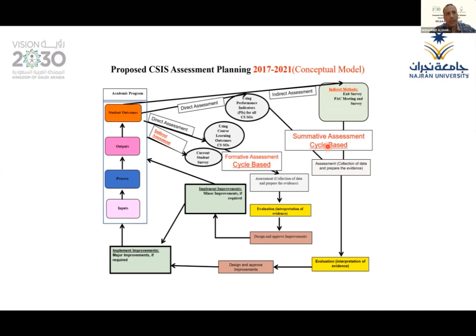Yes, the first thing is that the continuous improvement cycle never ends. When you finish your first cycle, you should start your second cycle. This is by default, we have to do it. However, I know the concept of Dr. Anwar's question, and really we use the results of the first assessment cycle to improve our programs, and the result was clear. We have an updated curriculum plan, study plan, and PLOs.